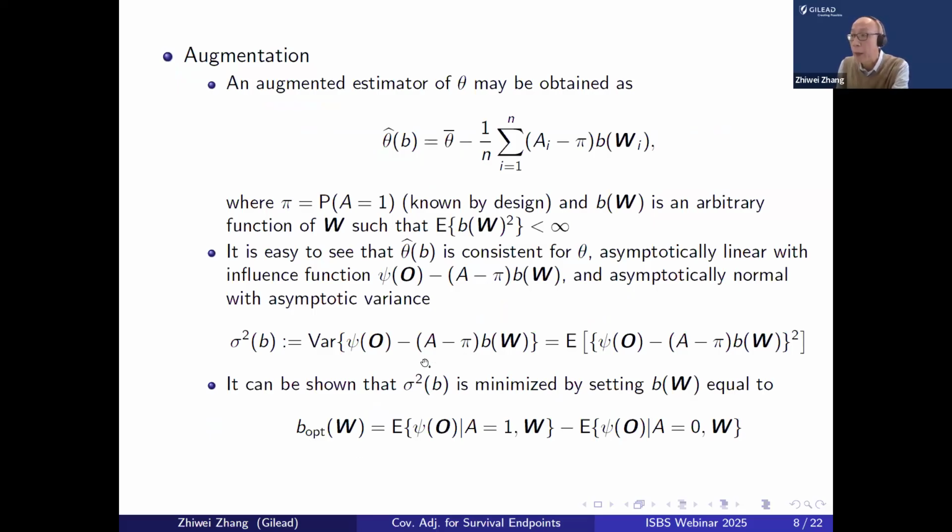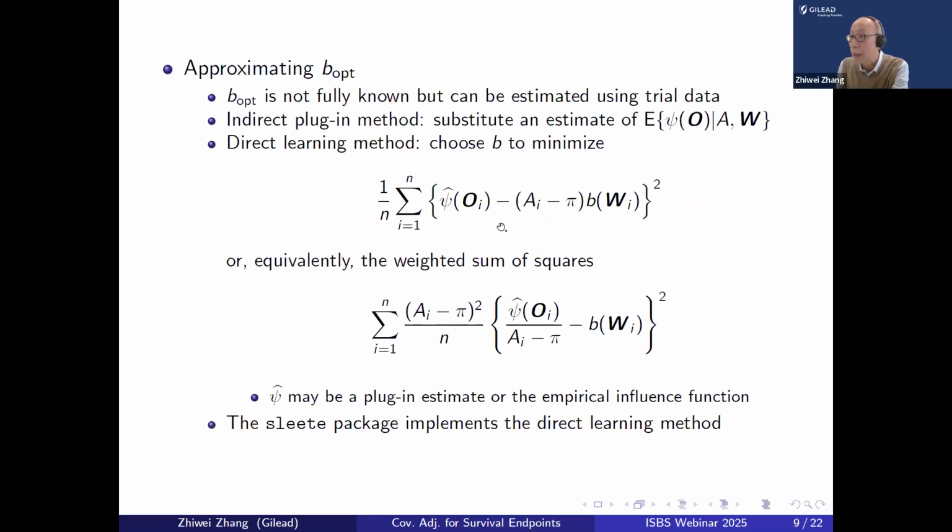The direct learning method is based on this expression here, which is minimized by the optimal augmentation function. So we can think of this expectation as a risk function to minimize, and choose b to minimize an empirical version of this quantity. For example, this sample average could be used as our objective function.